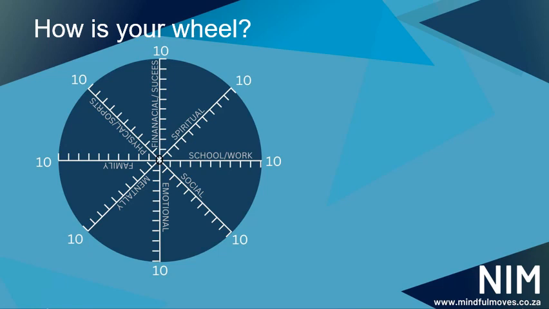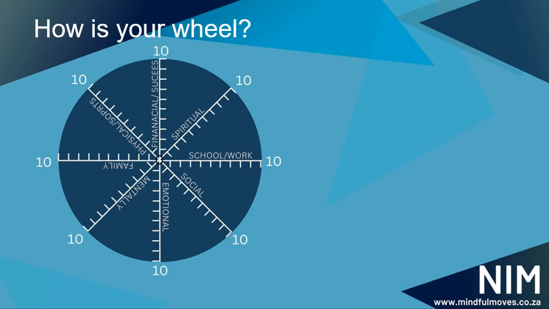Social maybe a 6 or 7, emotional perhaps a 5, mental clarity maybe a 7, family, sure, maybe you're not spending much time there, perhaps a 5 or a 4, physical maybe a 3, and financial perhaps you're doing really well and you're about an 8. I would like you to consider where you'd fall on each of these, and then if you had to connect them, what shape would your wheel be?